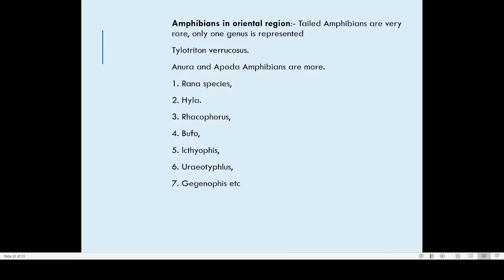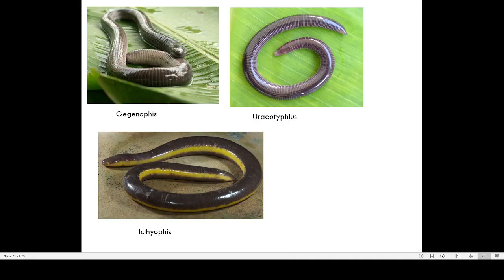Then coming to amphibians, these are the main amphibians. Under the amphibians, we have Rana species, Hyla species, tree frogs, Bufo, Ichthyophis, Uraeotyphlus and Gegenophis. I will show you the picture. These are the Gegenophis, Uraeotyphlus and Ichthyophis.